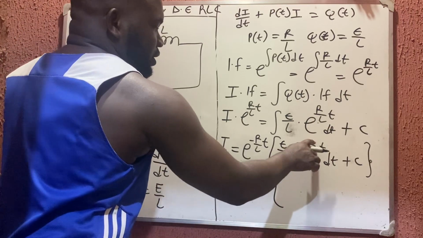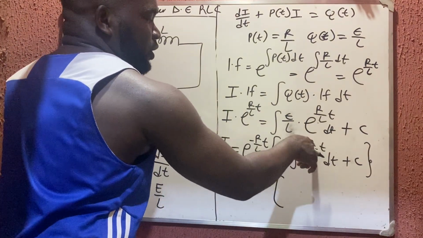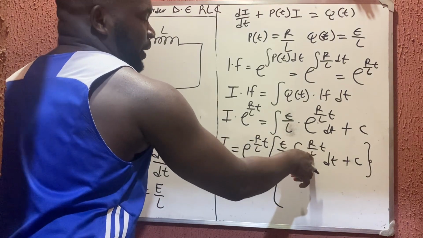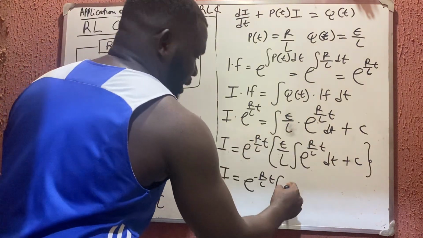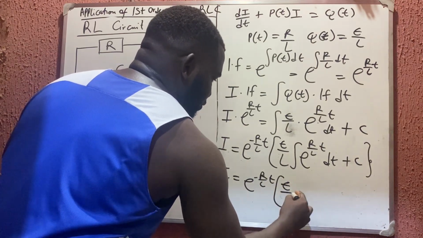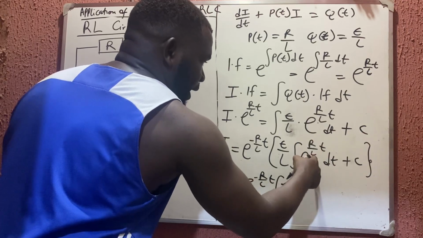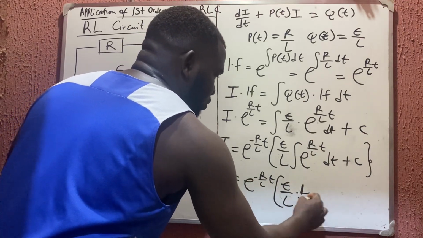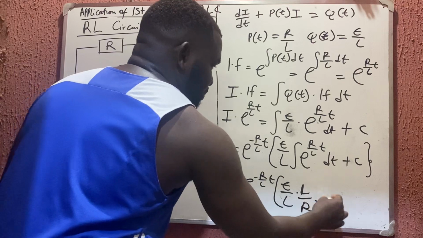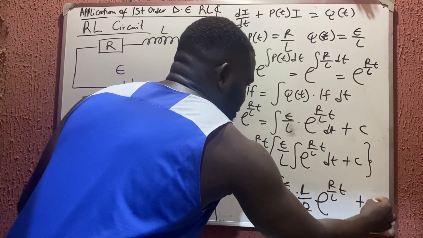So if I differentiate R over L t with respect to t, it's just giving me R over L. If I divide, it means they will turn around. It will now be L over what? So don't forget I have my E over L here times differentiation of this, which will give you R over L. Divide, it will now be L over R. Then repeat e raised to power R over L t, then plus a constant.